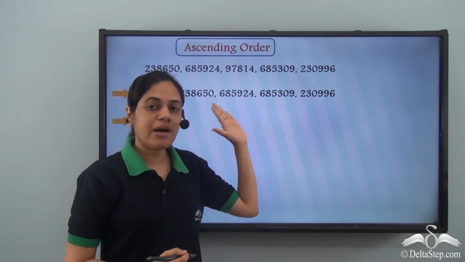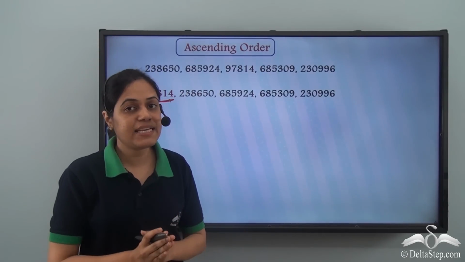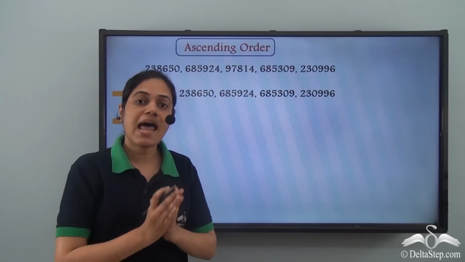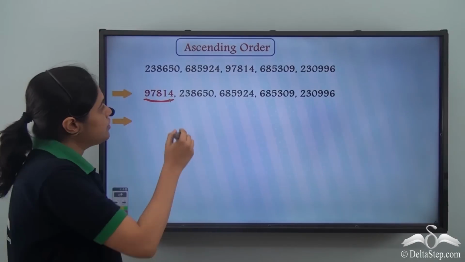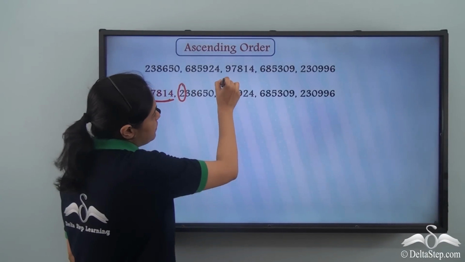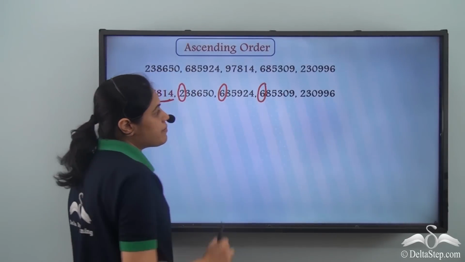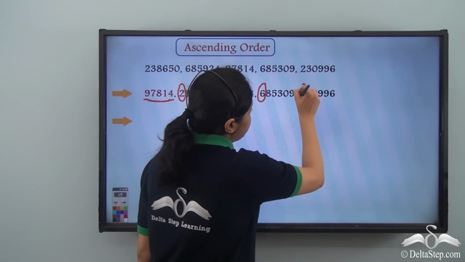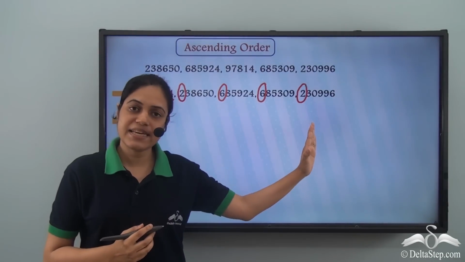Now these 4 numbers have 6 digits. So what is the next step? The next step is to compare the first digit of these numbers. In this number, the first digit is 2. The first digit of this number is 6. The first digit of this number is 6 again. And the first digit of this number is 2. Now 2 is less than 6.